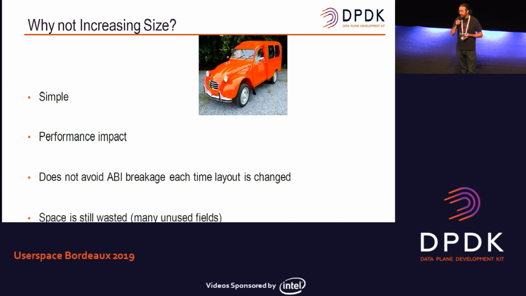Also, it won't solve the problem that was described by Thomas about the ABI breakage when you change the layout of the mbuf. And finally, it does not solve the other problem that was described before about the space which is wasted when you don't use a field and you have it anyway in the structure.